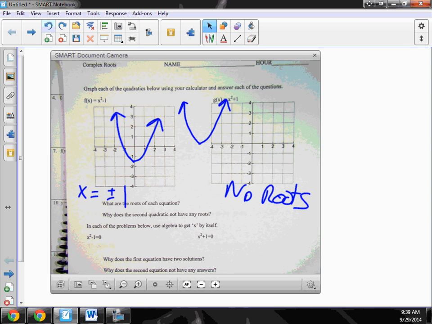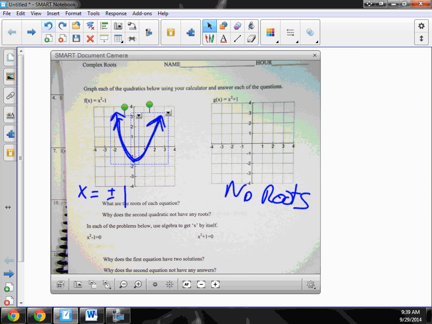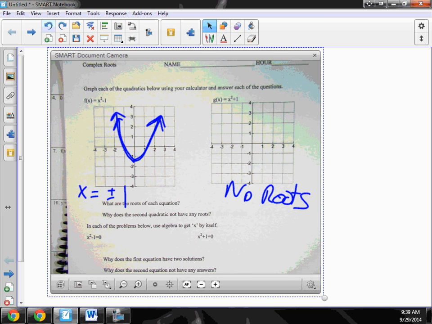If I were to grab one and move it over, they fit exactly on top of each other. And that's always the case if it's x squared. 2x squared would be thinner, and x squared over 2 would be wider. But as long as the x squared term has a 1 in front of it, the shape of the graph is going to be the same.